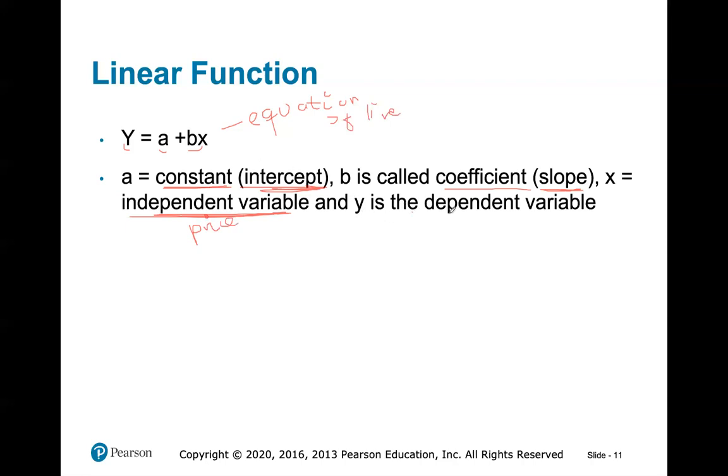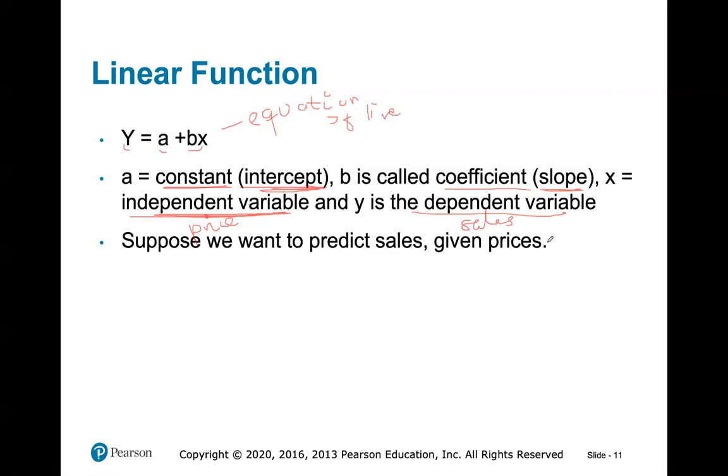What I'm trying to predict is sales, so sales is the dependent variable. Sales depends on how I change my price. So suppose I want to predict sales, hence sales would be my y and price would be my x.